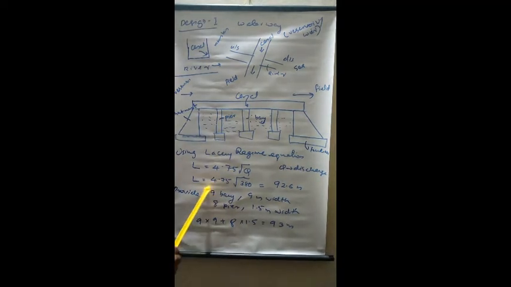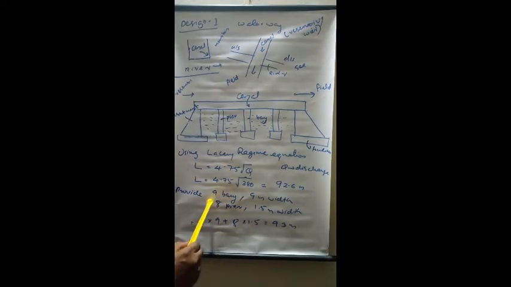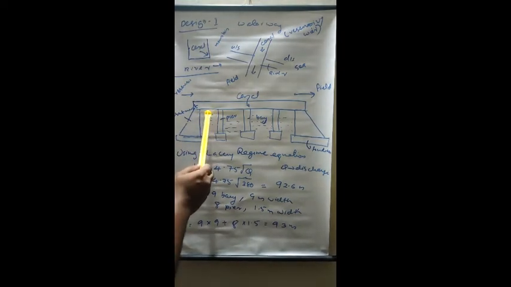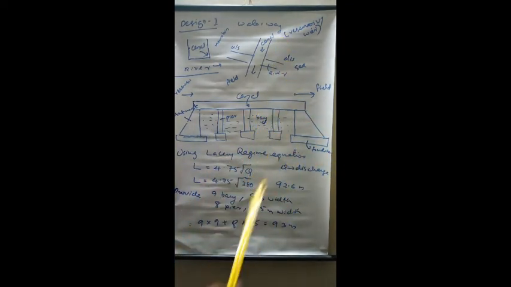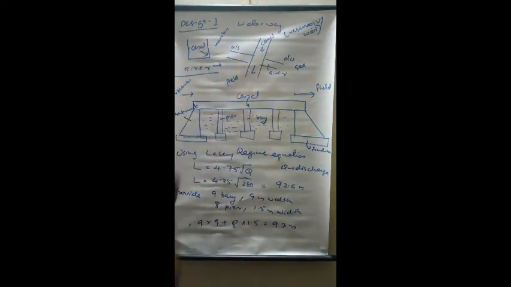So if 9 bays are provided, that means in this question we will have to provide 8 piers. Like here we had 4 bays, so for 4 bays we provided 3 piers. Like that, for 9 bays we need to provide 8 piers.